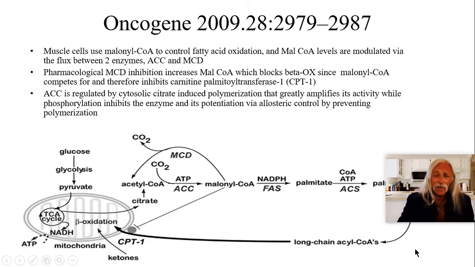Now, going back to this oncogene paper. Muscle cells use malonyl-CoA to control fatty acid oxidation. As we said, malonyl-CoA levels are modulated by the flux of those two enzymes. I've already mentioned malonyl-CoA decarboxylase. Now we're going to look more at acetyl-CoA carboxylase. Pharmacological MCD inhibition increases malonyl-CoA, which blocks beta oxidation because malonyl-CoA blocks the CPT1 pathway, remember?